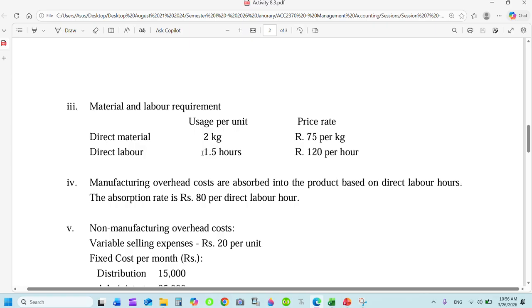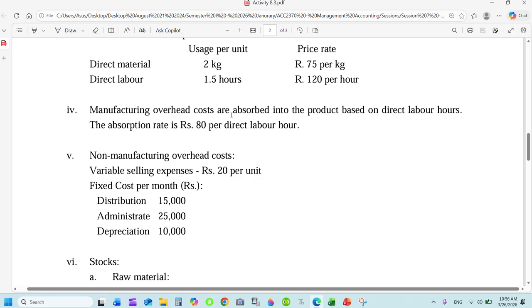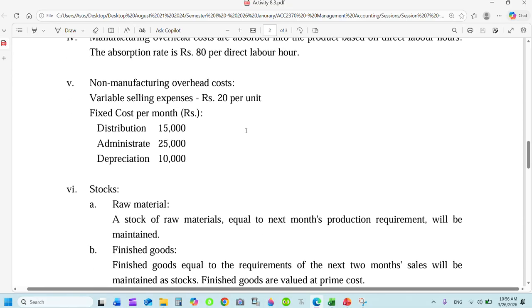And you need 1.5 hours in making 1 unit of labor, and labor rate per hour is 120. And manufacturing overhead cost is absorbed based on direct labor hours. The overhead absorption rate is 80 rupees per labor hour.